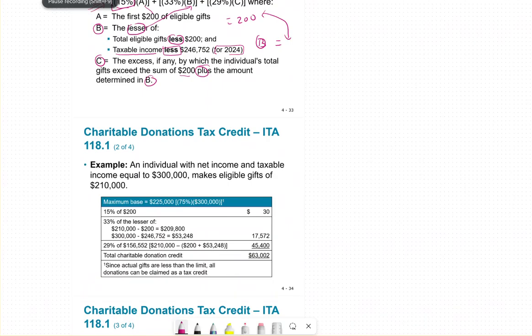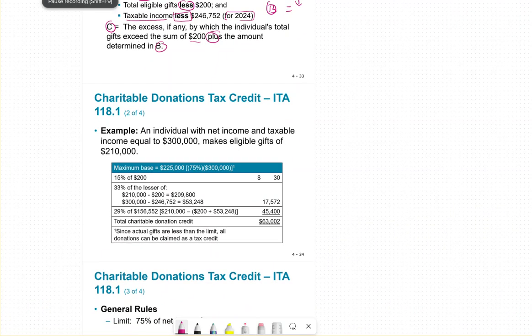Now this will be a good question to work on an example to calculate the charitable donation tax credit. Look at an individual with a net income and taxable income equal to 300,000. What they did is they made an eligible gift of 210,000. It seems like the person spent 210,000 out of the 300,000 on charitable donation.